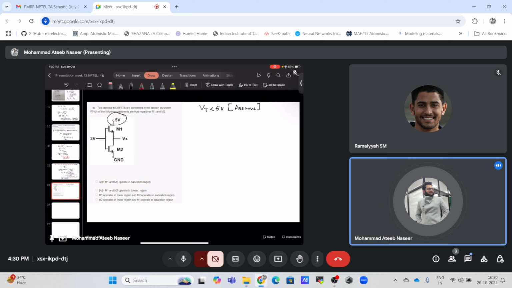So let's assume that both are in saturation. This is simple. Assume both M1 and M2 are in saturation.